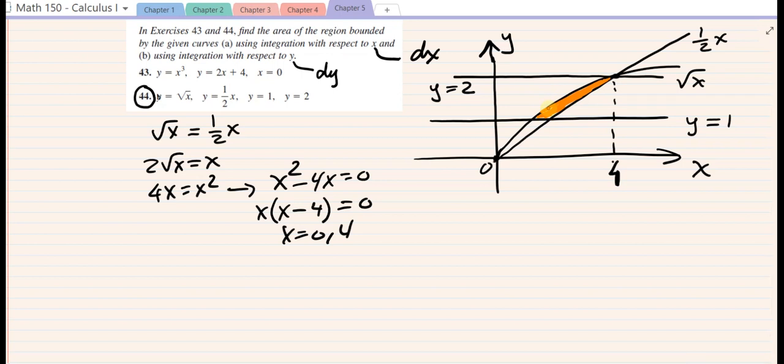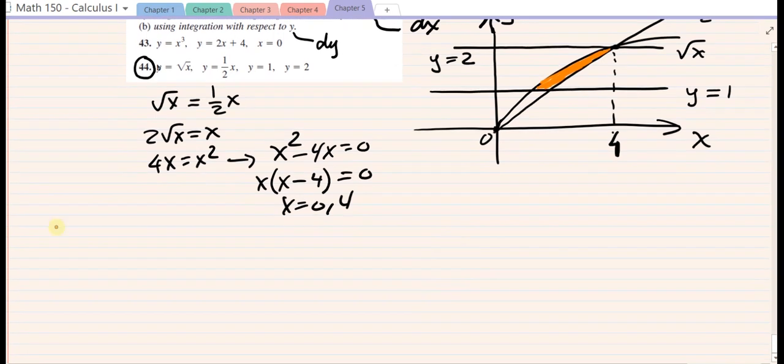So let's do that. With respect to x in part A, that means we have to use vertical rectangles, right? Now, if I use vertical rectangles for this one, let me do a blow up of that region. It looks something like this.